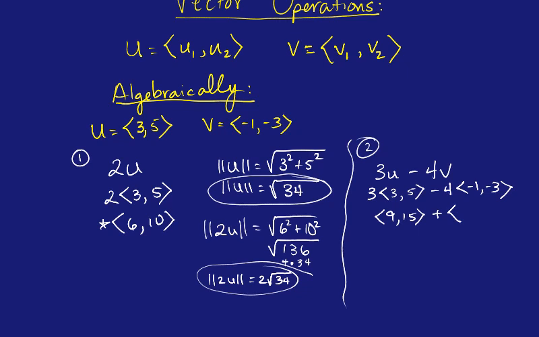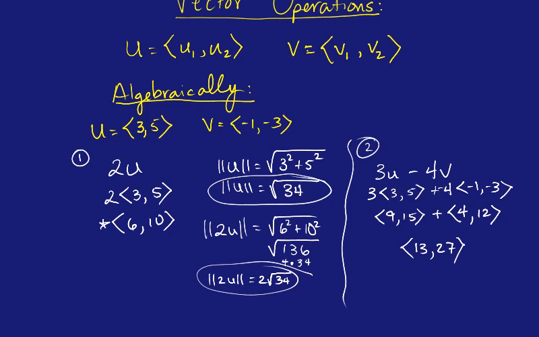I usually like to distribute a -4 to both of those, so that would make it 4 and 12, and so therefore we'd be adding those two vectors now. So plus and negative that way, and then you'd have 13 and 27, and that would be your new vector.